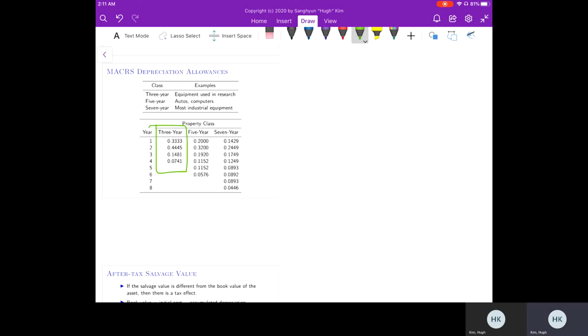The depreciation in the first year will be $110,000 times 0.3333, so there will be $36,663 of first year depreciation.